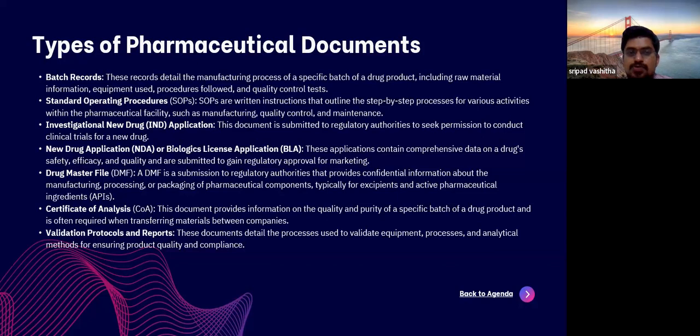One is validation protocol, another one is validation reports. Yeah, so what do we validate? We validate equipment, we validate process, we validate analytical methods. How you have to carry that out is defined in the protocol. Yeah, once you carry that out as per the protocol, the result you get is documented in the report. Yeah, that is what is meant by validation protocols and reports.